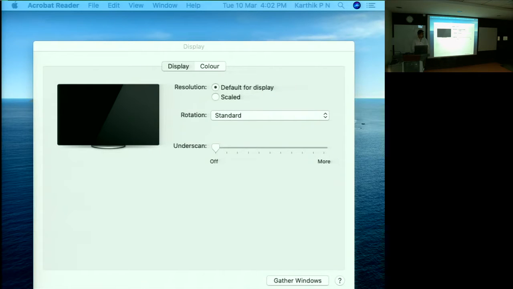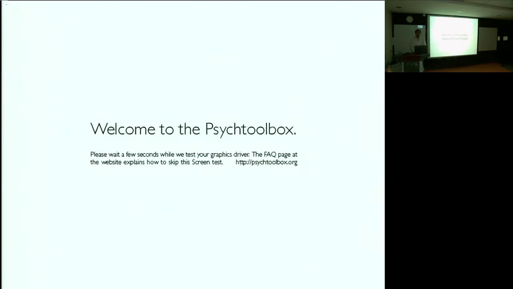This is definitely due to Apple. It says gather windows at the bottom. I was able to get it to run.